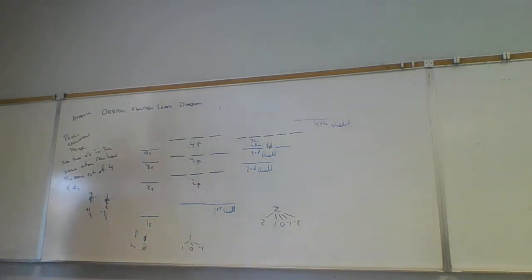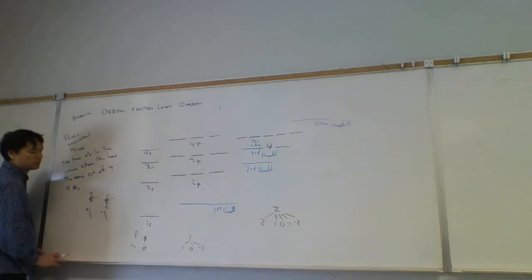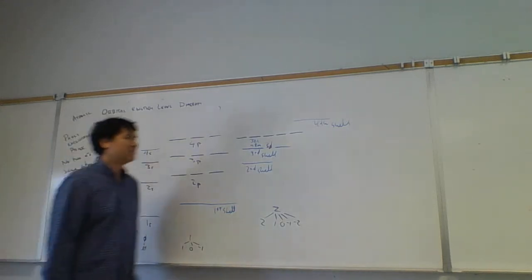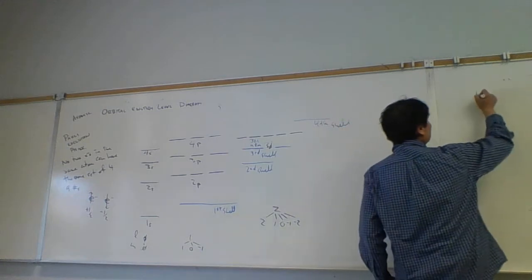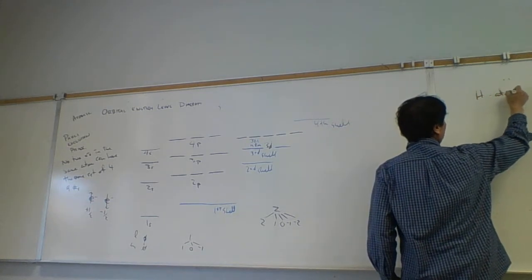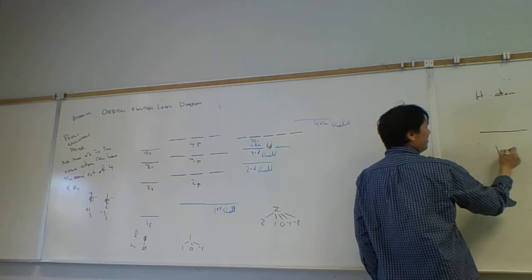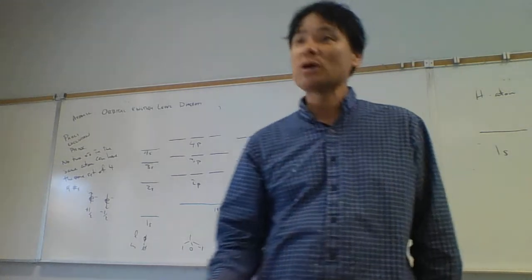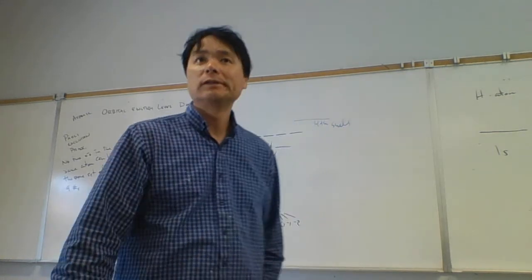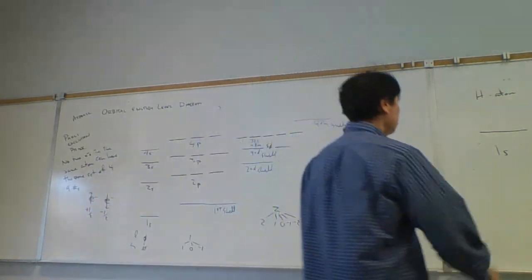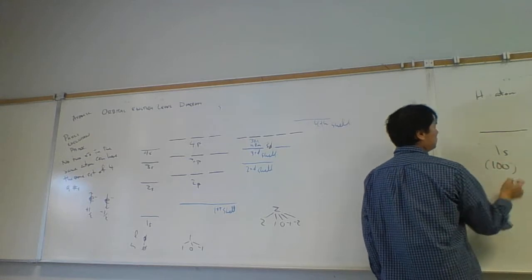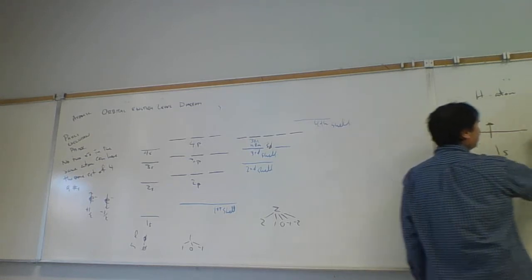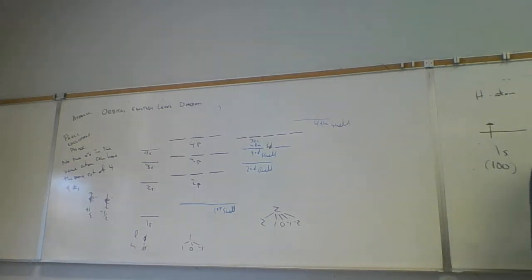And therefore, when we put an electron in here, we usually represent the electron as an arrow. An example of this would be the H atom. We have our 1s orbital. What's the unique 3-number address for a 1s orbital? 100. We could put the electron with its spin up, or we could put the electron with its spin down.